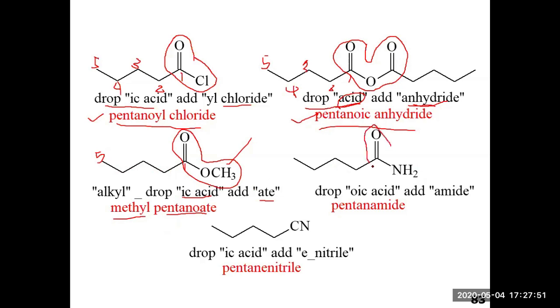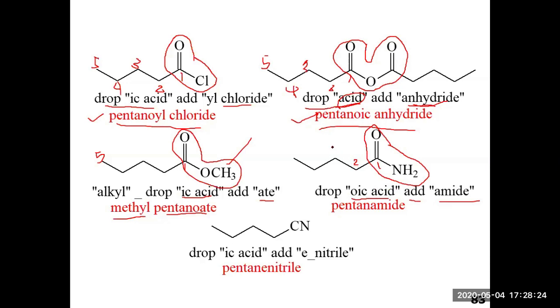Okay, so let's move on to this example. Again, we have to recognize that this molecule is an amide because the carbonyl carbon is bonded to a nitrogen. So how do we give names for amides? For amides, we drop the oic acid and add the word amide. So if this is the carbonyl carbon, again, we start numbering here. That's carbon 1. Then we continue numbering.